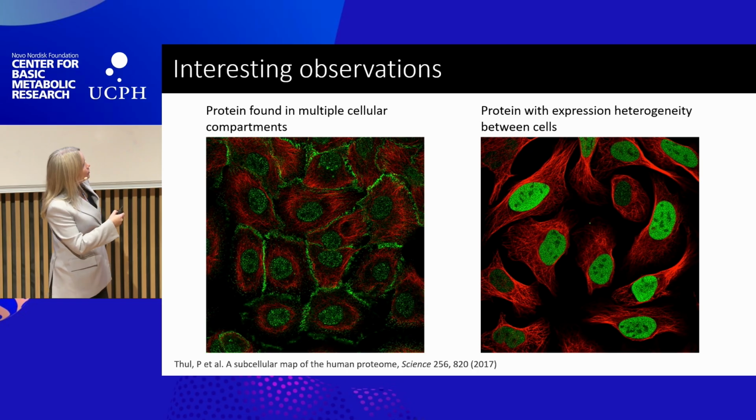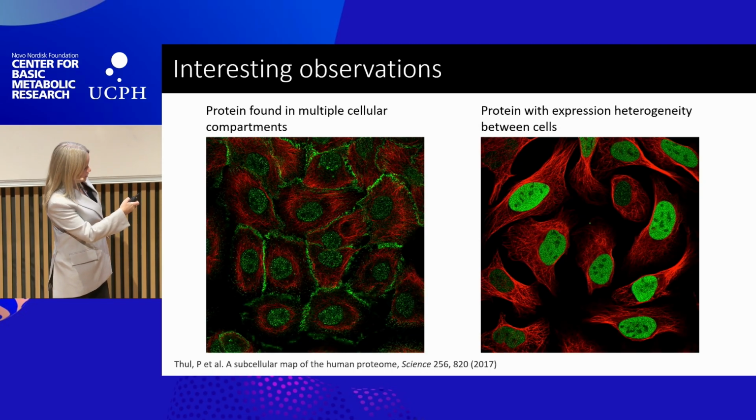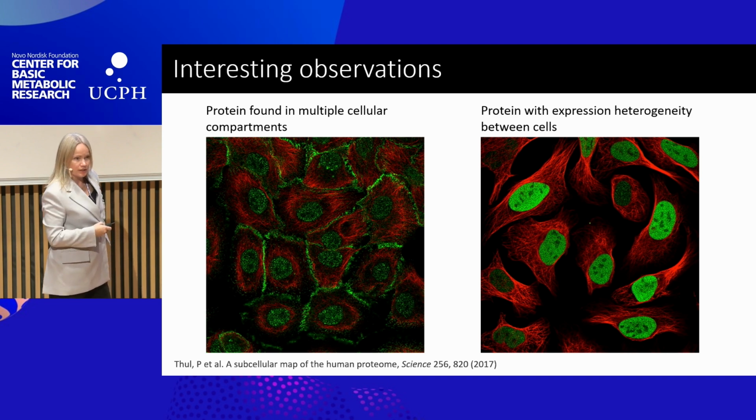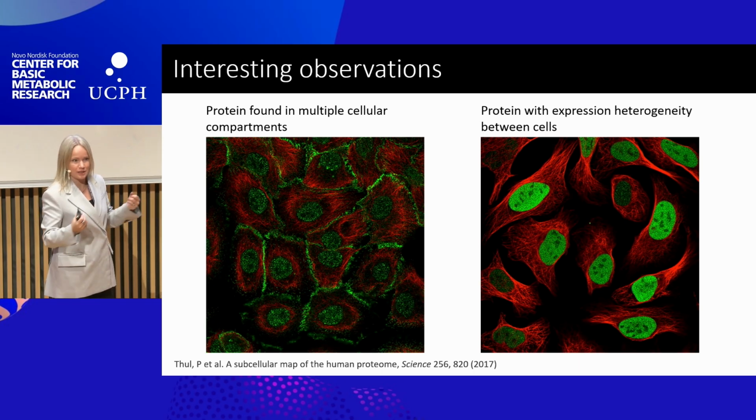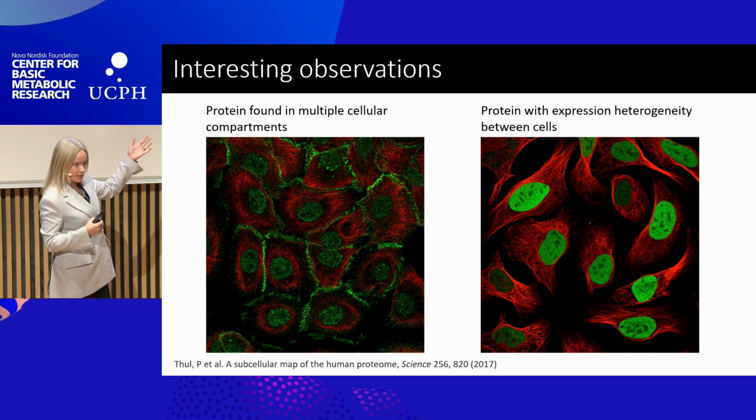To the left, you can see a protein that is in two different compartments in the cell. So you can see that this protein is on the plasma membrane and in the nucleus. And the cells have been compartmentalized to allow different kinds of reactions to take place in different parts of the cell. So it might be that this protein is involved in different biological functions in these places.